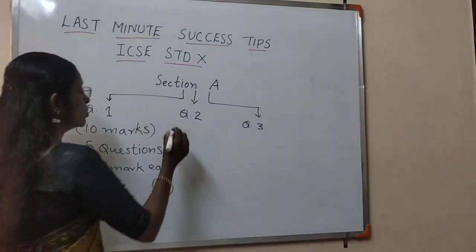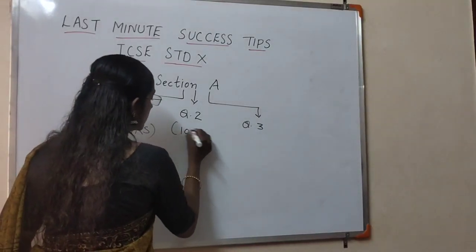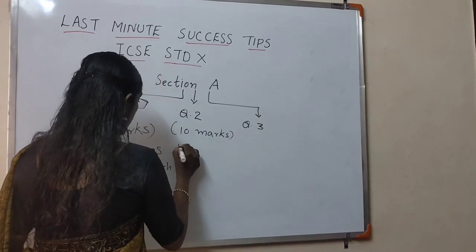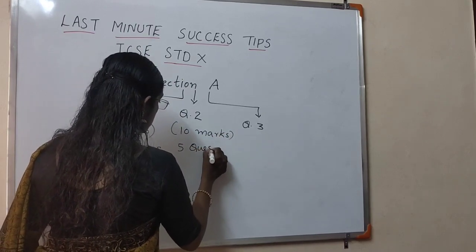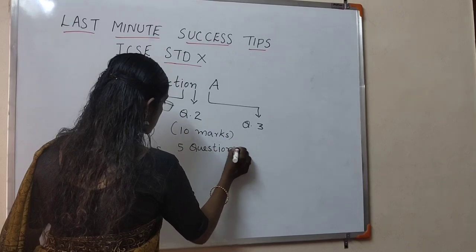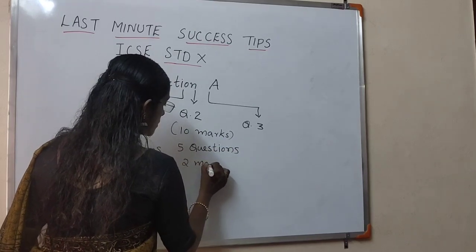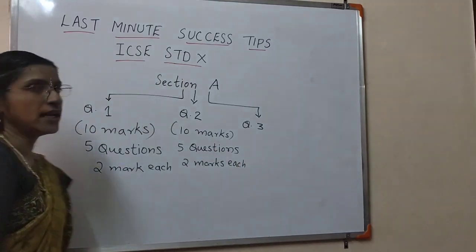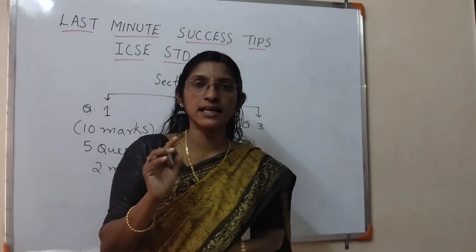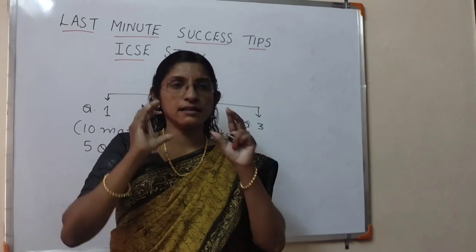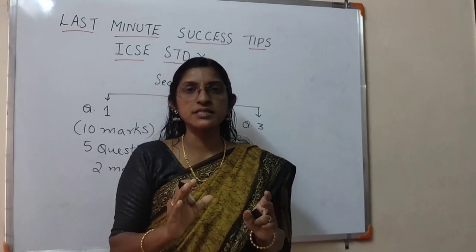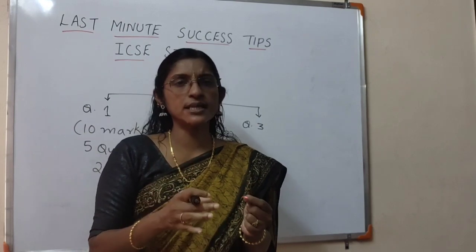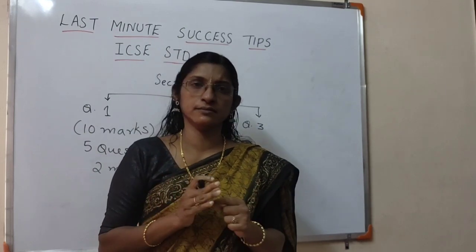In question 2, again we have 10 marks, that is 5 questions, 2 marks each. In the first question as well as the second question, the questions are mostly theory based, but a little bit of programming concept will also be related.